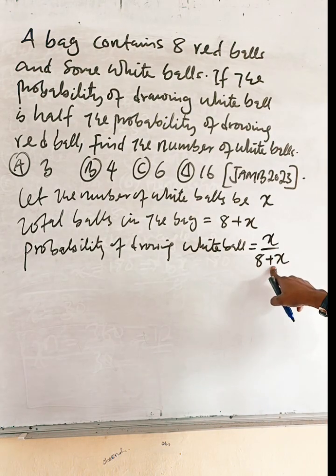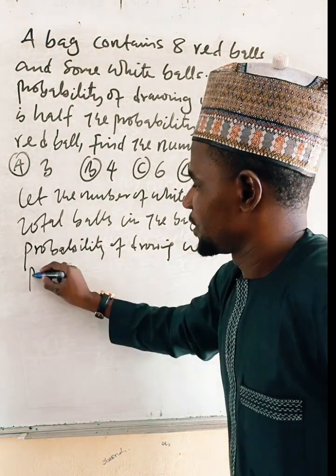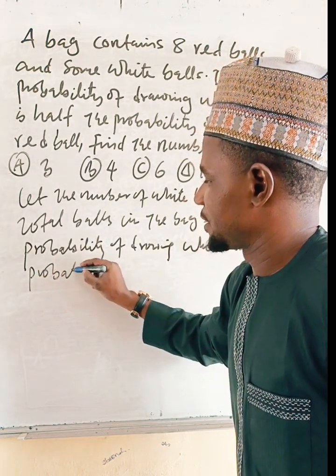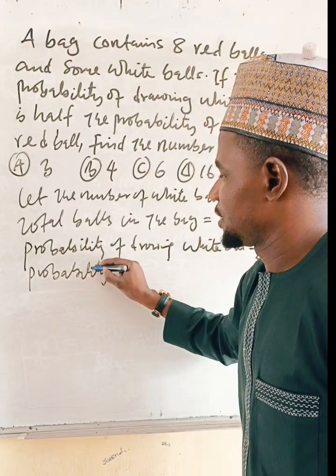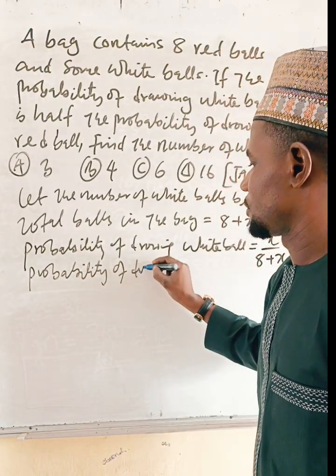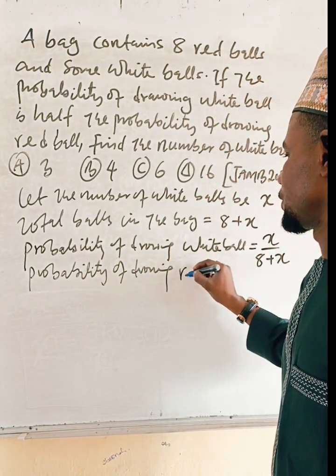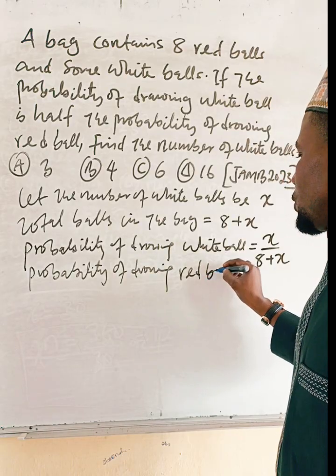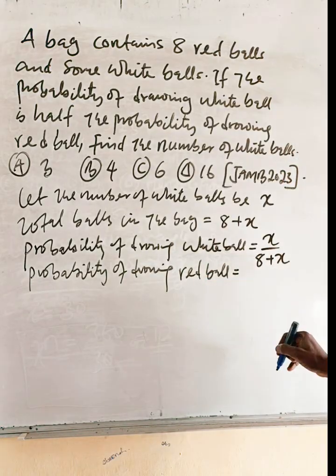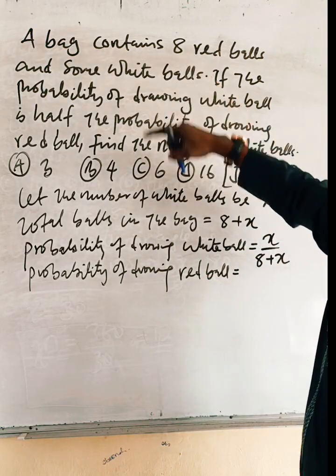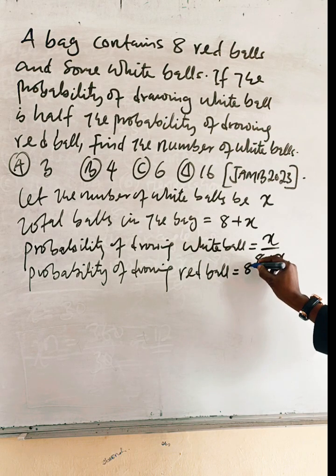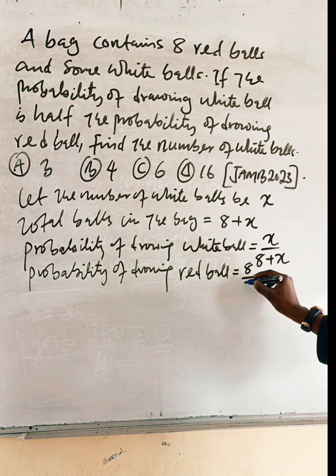This is the probability of drawing a white ball. Then next is the probability of drawing a red ball. The total number of red balls is 8, all over the total number of balls, which is 8 plus x.